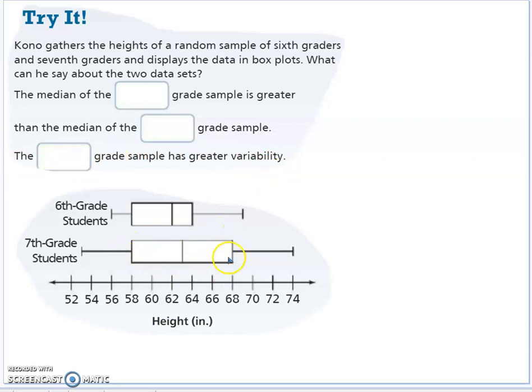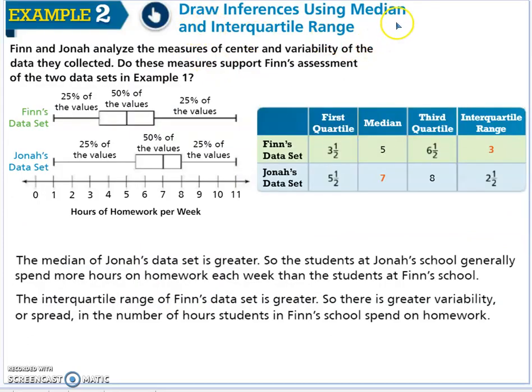We look at the box here. So what we do is we first compare medians, and we can see that the 7th grade is higher than the 6th grade, and then we compare the difference in the data. Okay, variability, spread. Okay, so we see the spread is shorter here and longer here. Okay, so there's that.